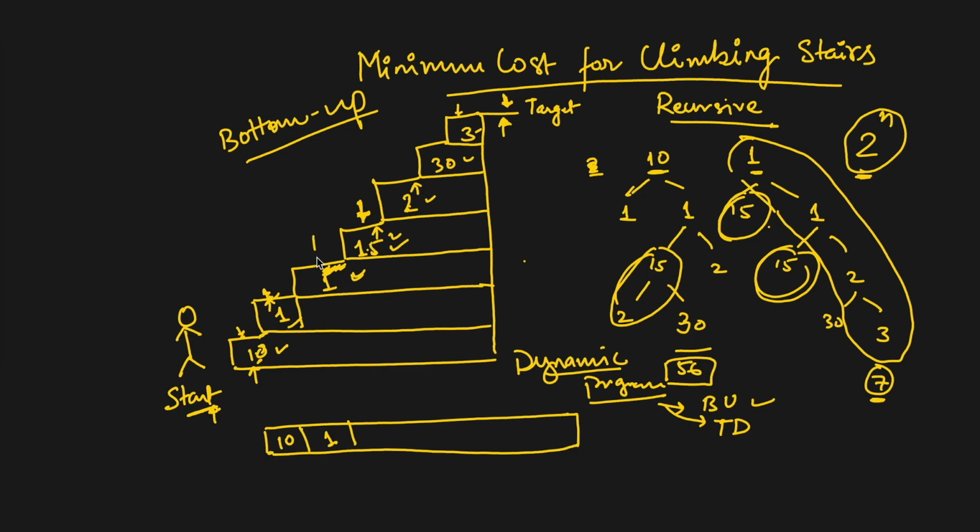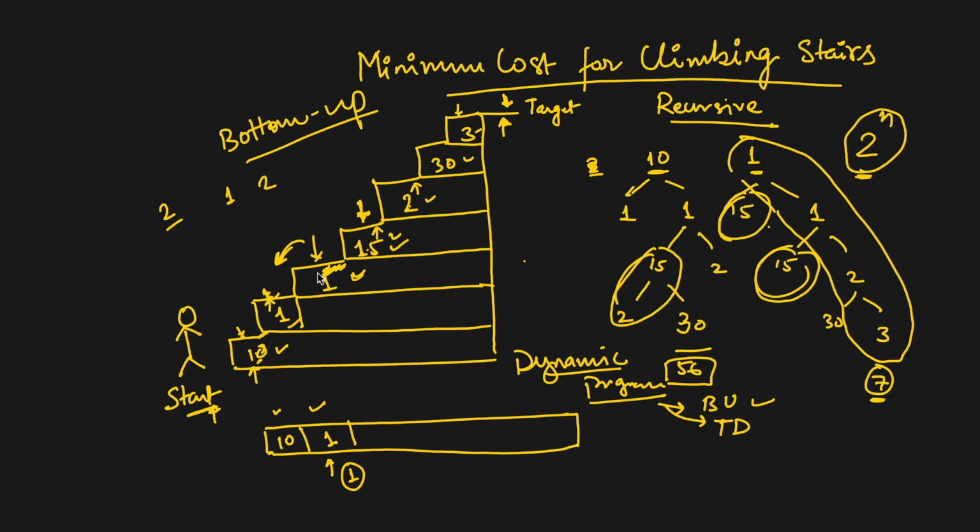Now for reaching this step, we look at the below two steps, because remember, you can take two steps at a time, right? You can take one step or you can take two steps. So we can look at the previous two steps and pick the minimum, which is 1.